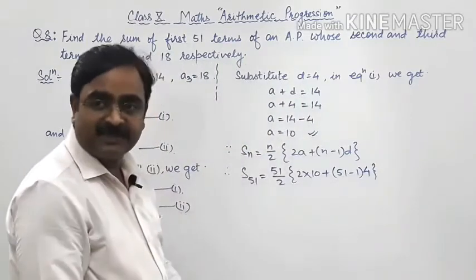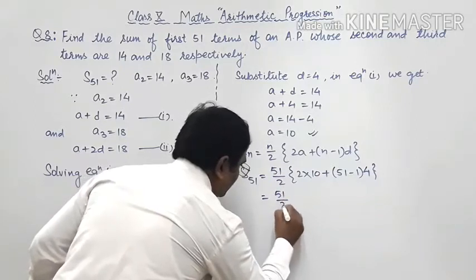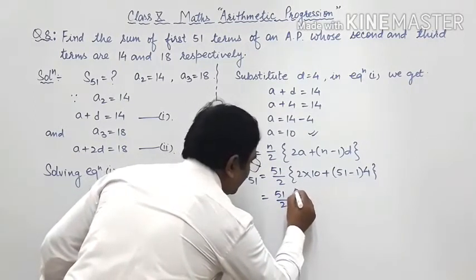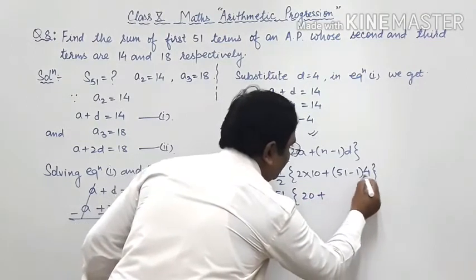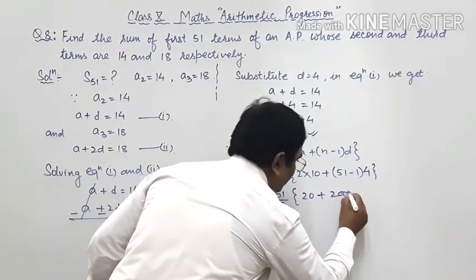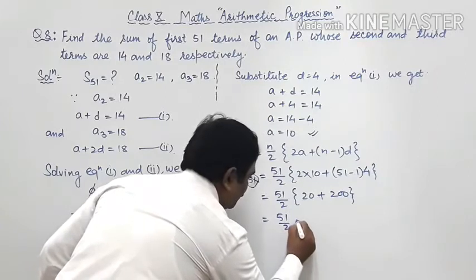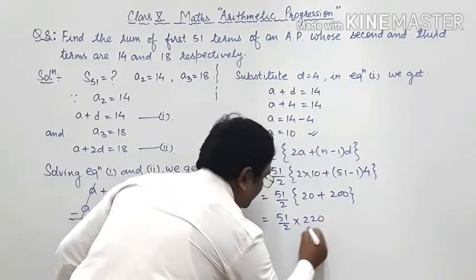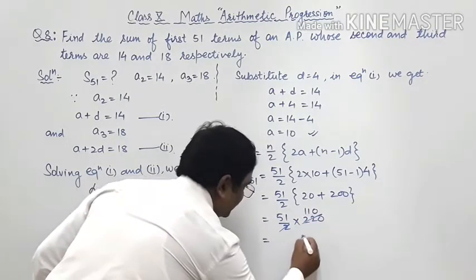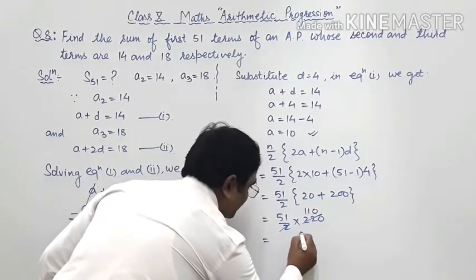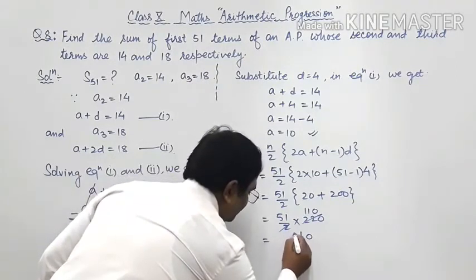Simplifying, 51 upon 2 into: 10 twos are 20 plus this is 50, 50 fours are 200. So we got 51 upon 2 multiplied by 220. Simplifying, we get 110 multiplied by 51. 0, 51 ones are 51, carry 5, 51 plus 5 is 56.